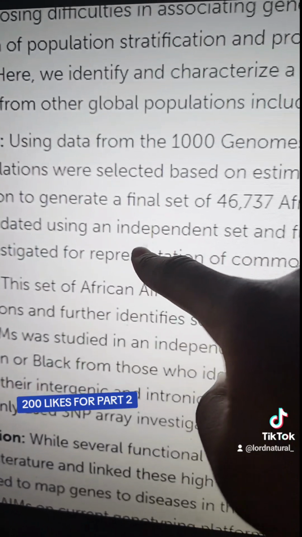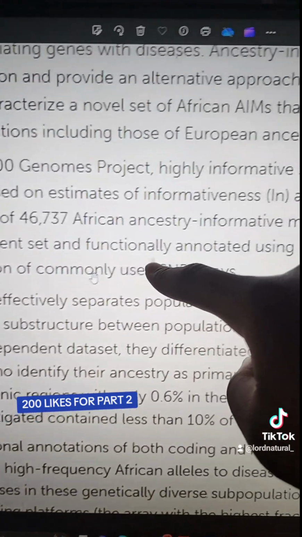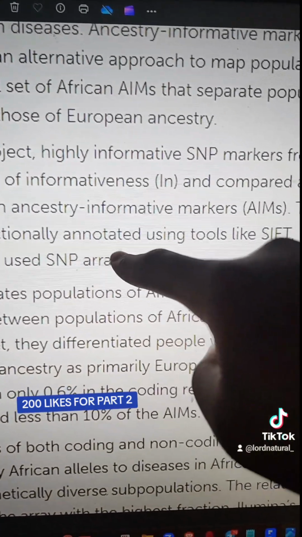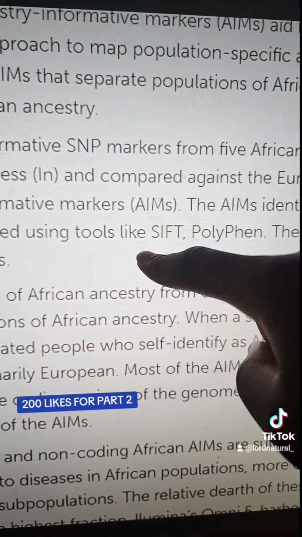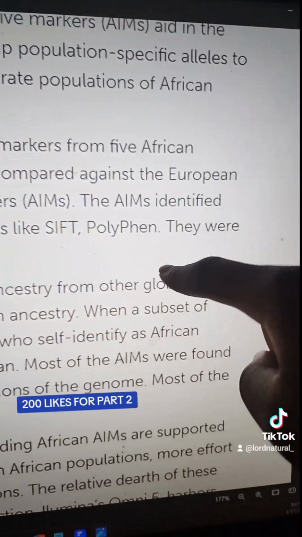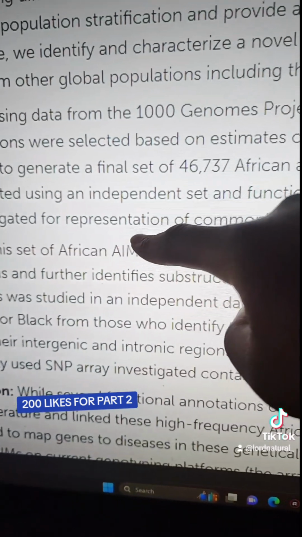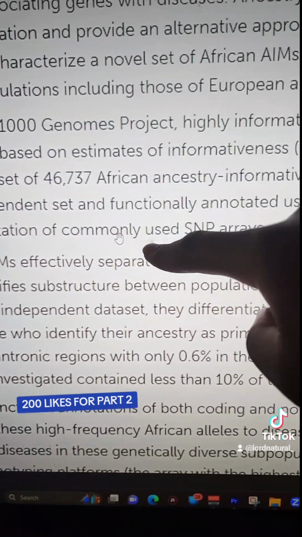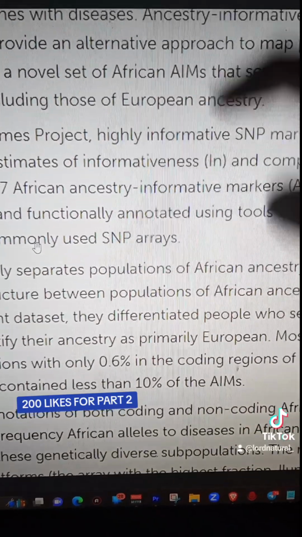The AIMs identified were validated using an independent set and functionally annotated using tools like SIFT and PolyPhen, and they were also investigated for representation on commonly used SNP arrays, right?